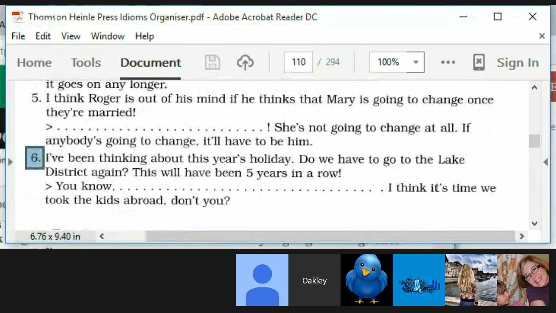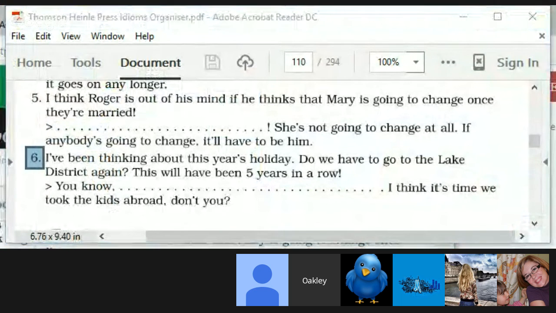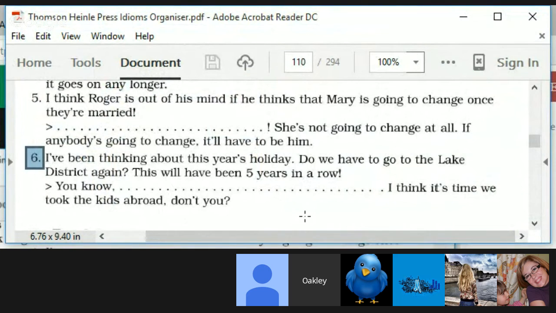Okay, and Anna, number 6. I've been thinking about this year's holiday. Do we have to go to the Lake District again? This will have been 5 years in a row. You know. Can you scroll up, please?